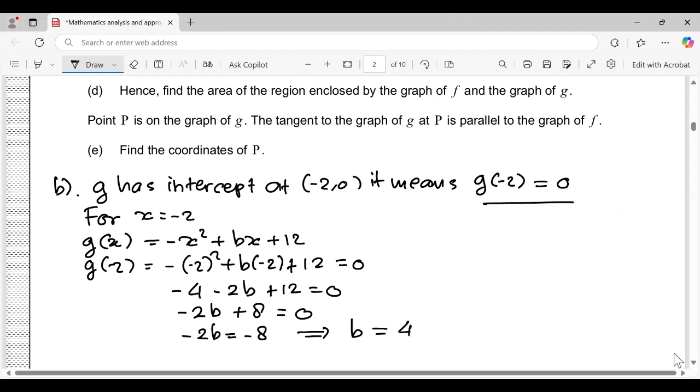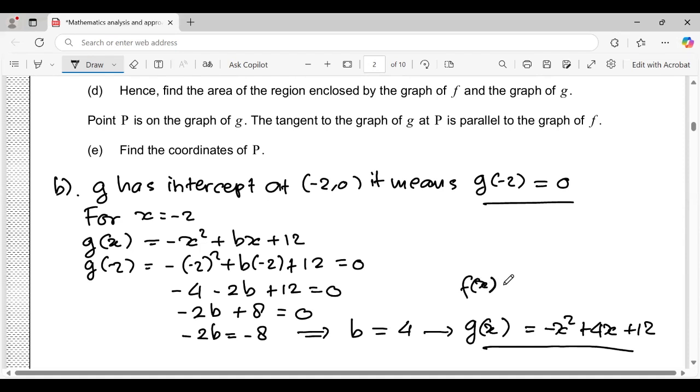So it means g(x) equals minus x squared plus 4x plus 12. This is g(x), and f(x) just now, minus 2x plus 12.